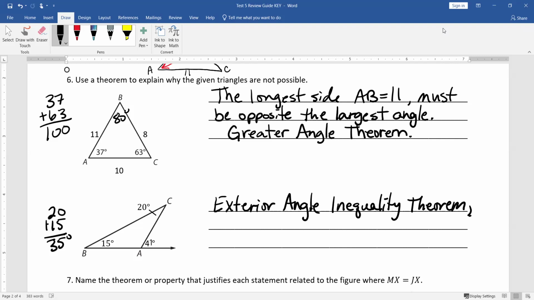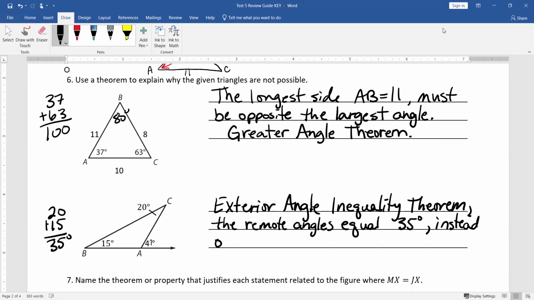So these are not possible because the remote angles equal 35 degrees instead of 41 degrees, which is what they're supposed to equal. So that's why this triangle is not possible.